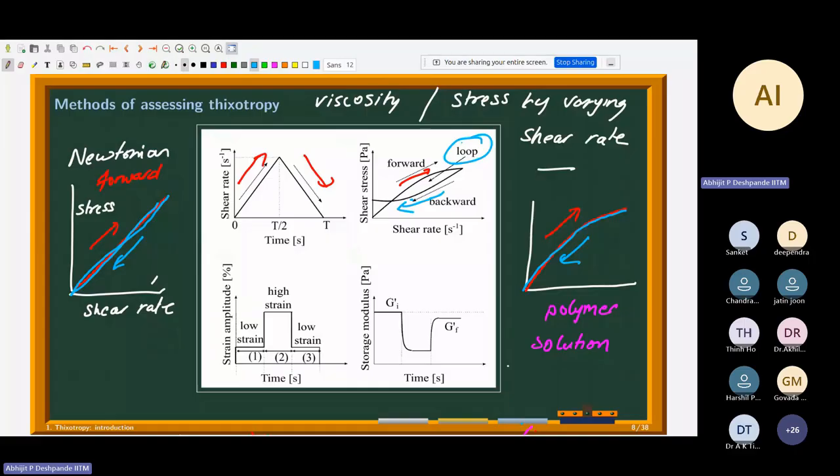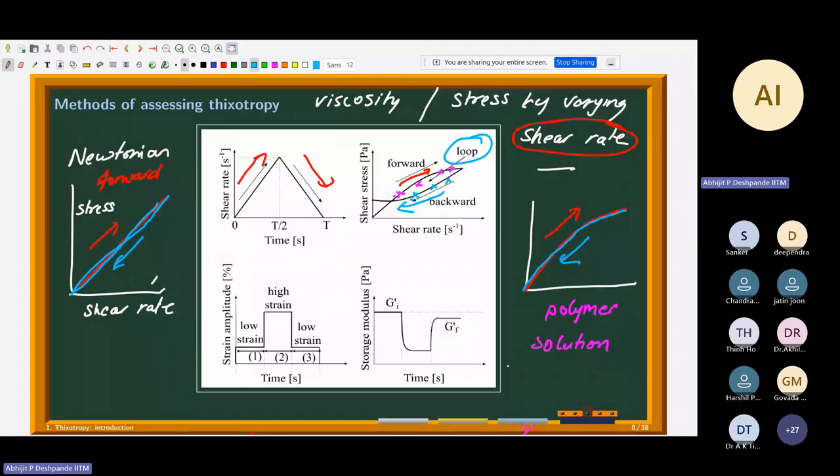But more importantly, we have to realize that the structure depends on the shear rate. You can see that while going back, the viscosity is lower than while going ahead. These are the viscosity values going forward, and the viscosity values while coming back are lower, right?